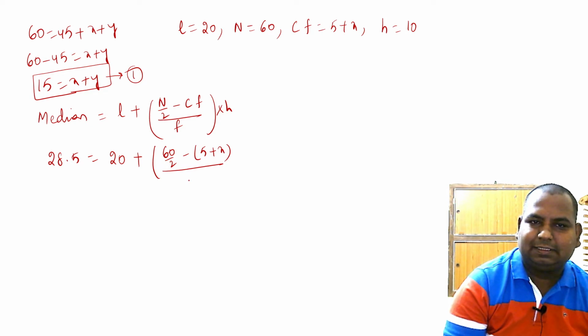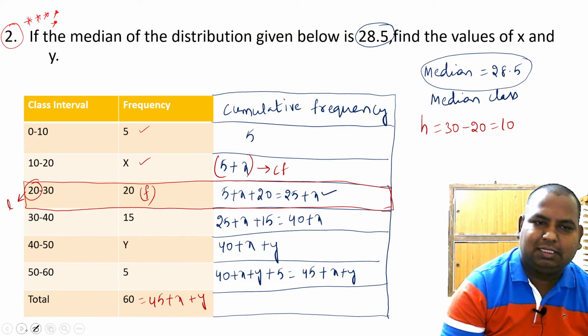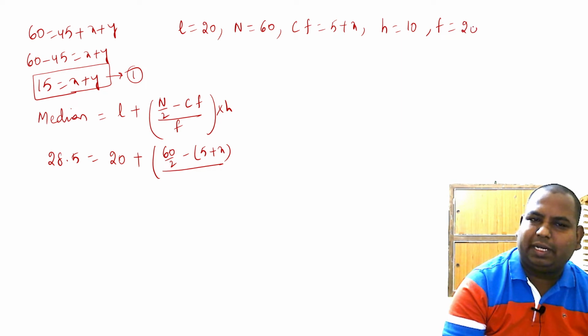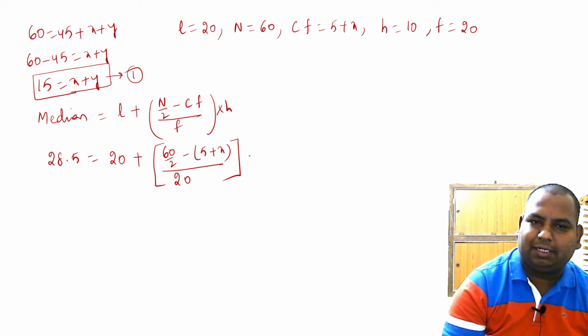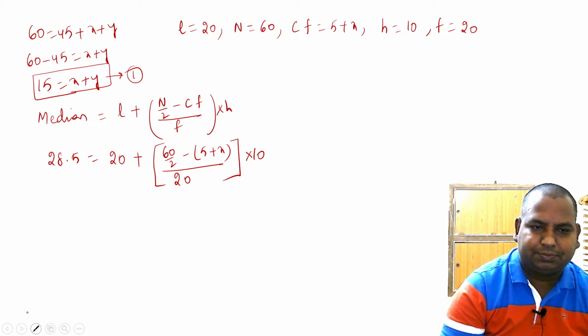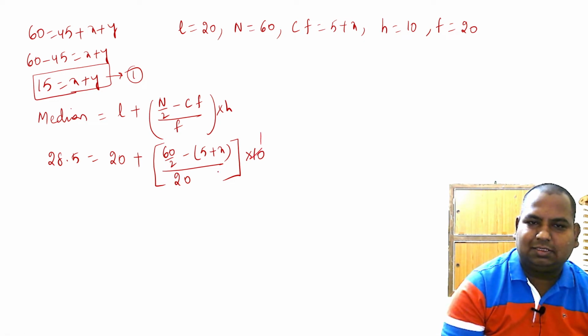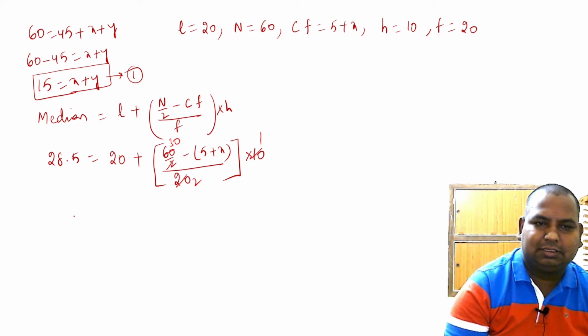We didn't write the frequency of the median class, it is 20, by 20 into h. h is 10. It's time to simplify. 10 ones are 10, 10 twos are 20, 20 ones are 20, 20 thirties.